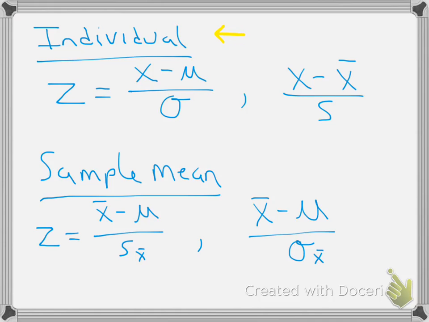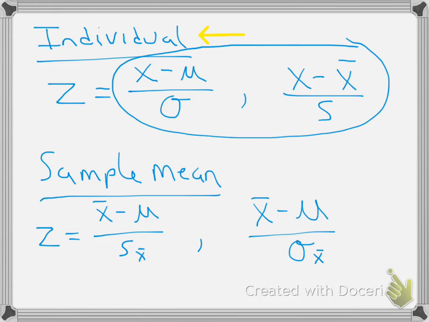So first, we sometimes use z-scores when we're looking at individuals, and the individuals can come from either a population or from a sample. You can see in both of these examples on the top that the formula is really kind of the same. In the numerator, you're finding a difference between an individual score and a mean.